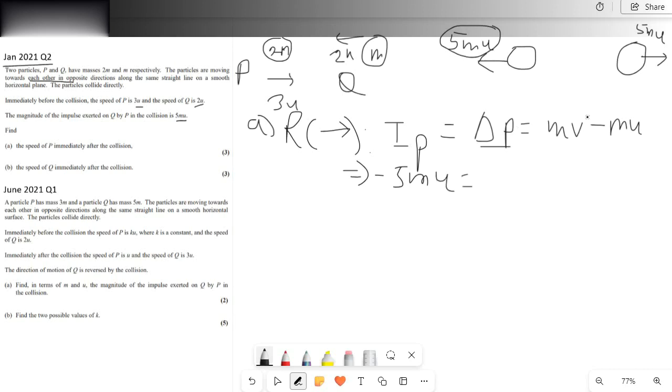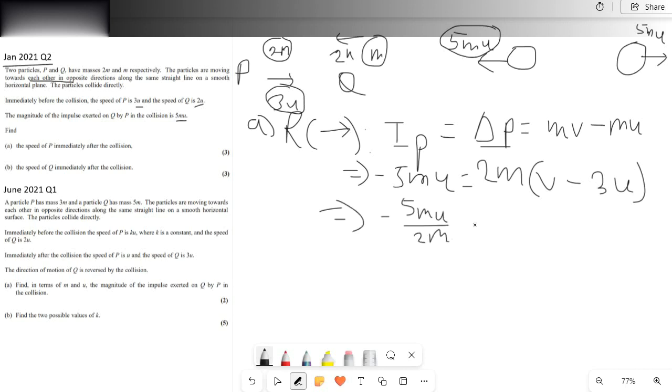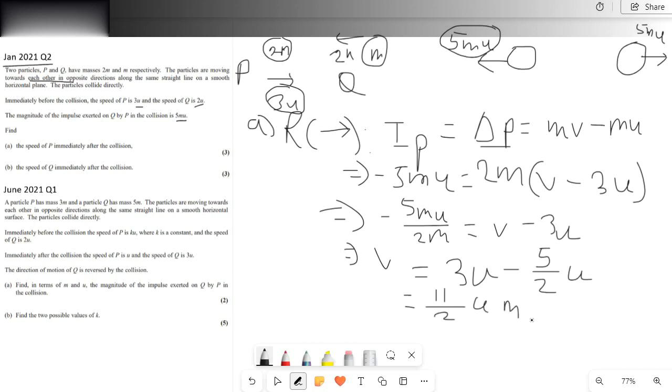So we have minus 5mu is equal to mass, which is 2m, multiplied by final velocity v, which is unknown, minus initial velocity, which is 3u, because this is to the right. And so we get minus 5mu divided by 2m is equal to v minus 3u. Therefore, making v the subject, we have 3u minus 5/2 u, as the m cancel each other out. And so we have the speed be 1/2 u meters per second.